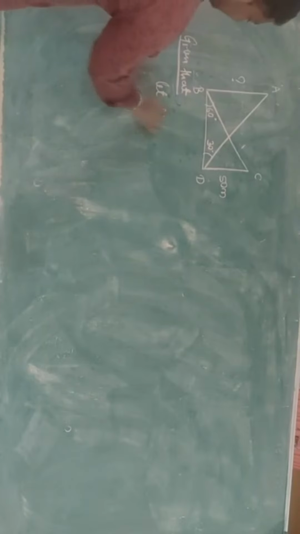Yes, sir. So, given that, let AB be the height of the building, and CD be the height of the tower.